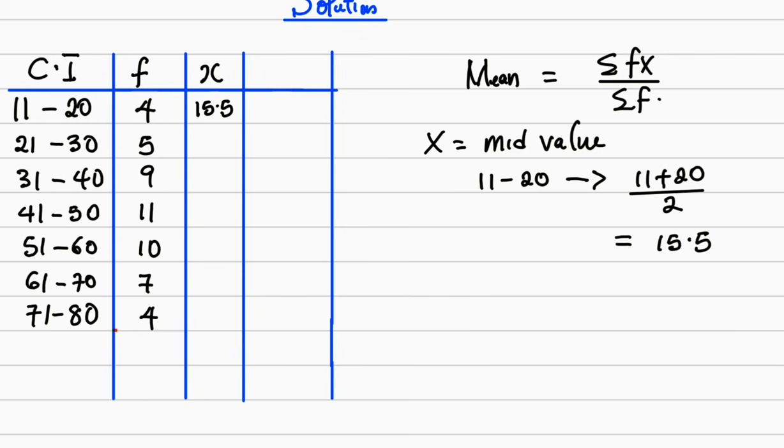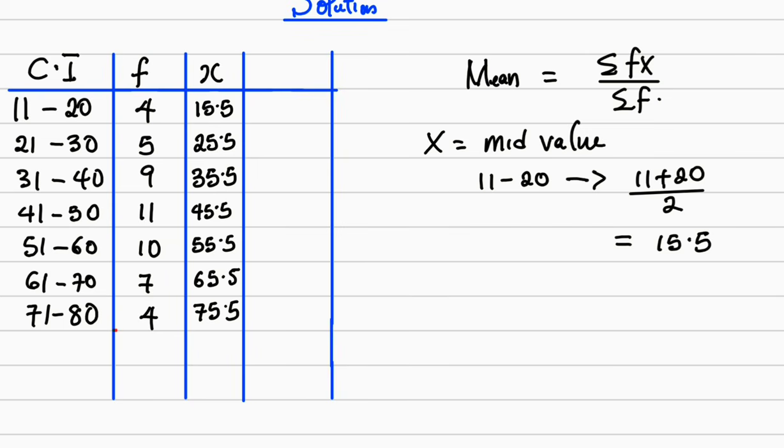Then you do the same thing for all other class intervals. The second one is 25.5, the third one is 35.5, and you go on until you get to the last, which is 75.5.